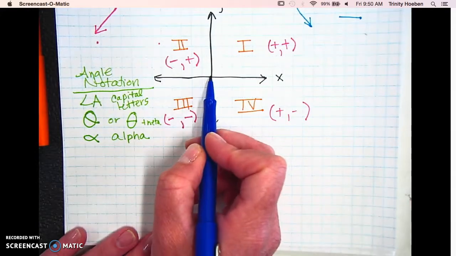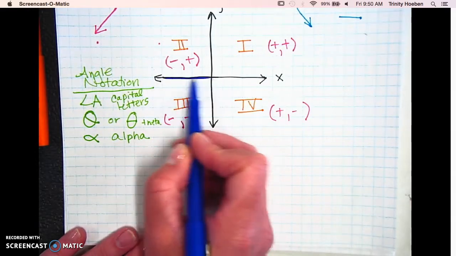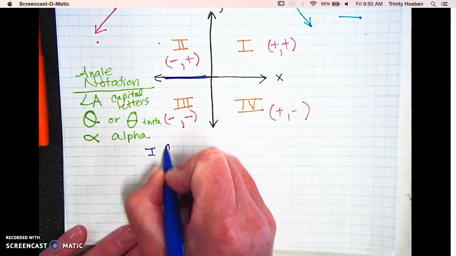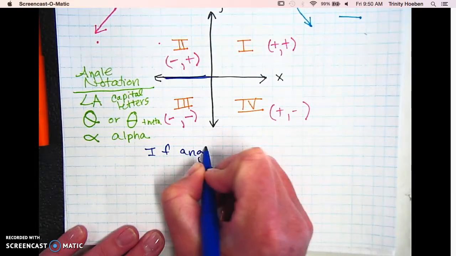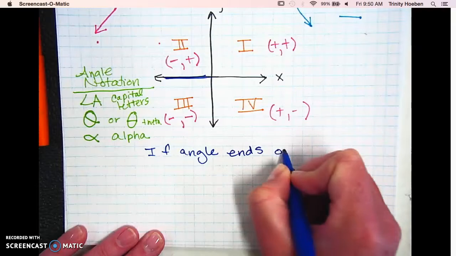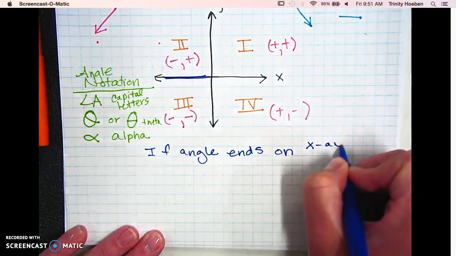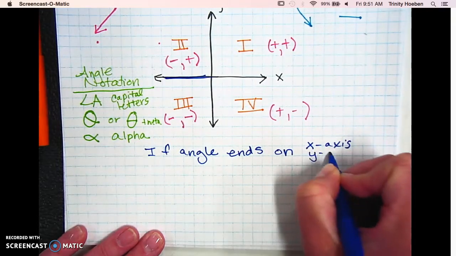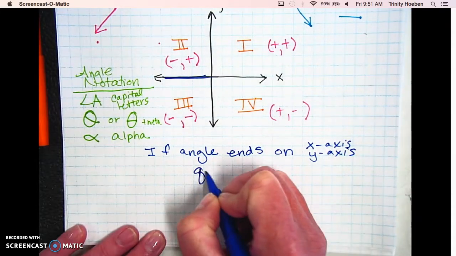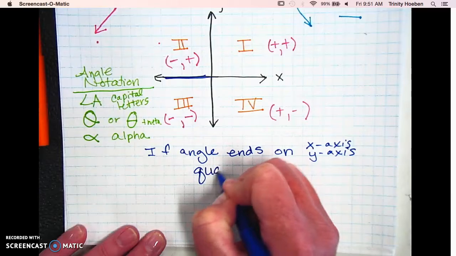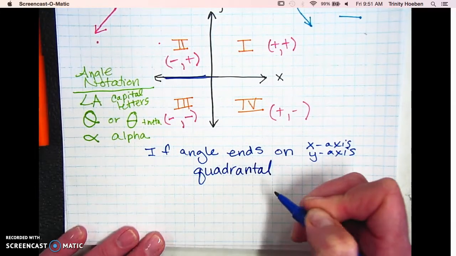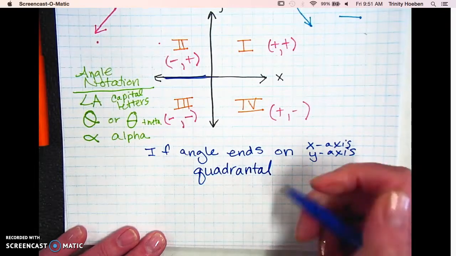So if it ends up right here, like say it's 180 degrees, if the angle ends on either the x-axis or the y-axis, it's going to have a special name. It's going to be called quadrantal. It's a little hard to say. Quadrantal angle.